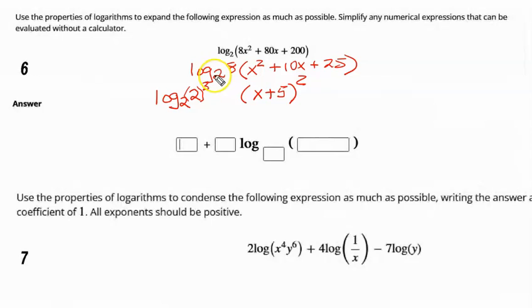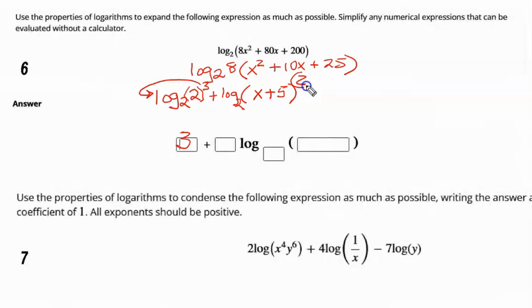And then now this is this times this. So this will be plus log here. And in this configuration, we're going to take our 3, put it out in front, and this we said just becomes a 1. So this is going to be 3, and this is log base 2 here.